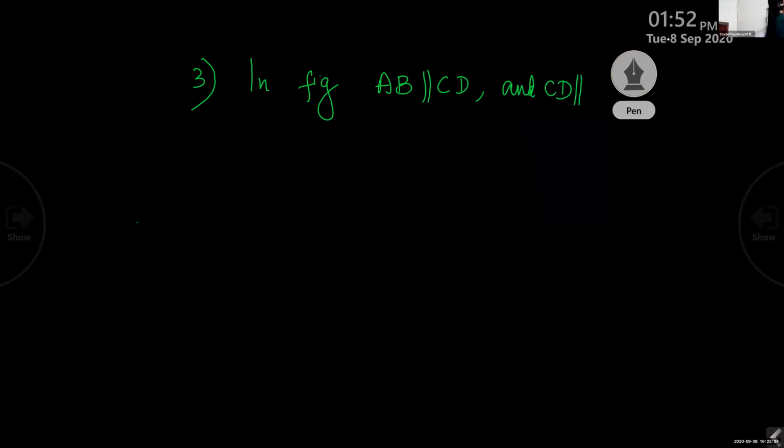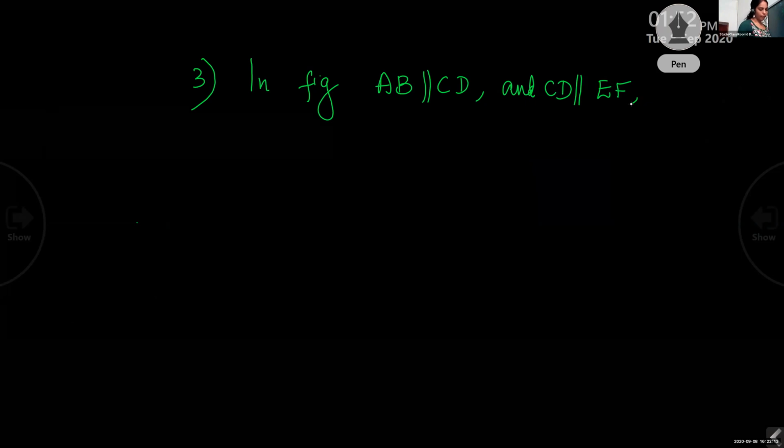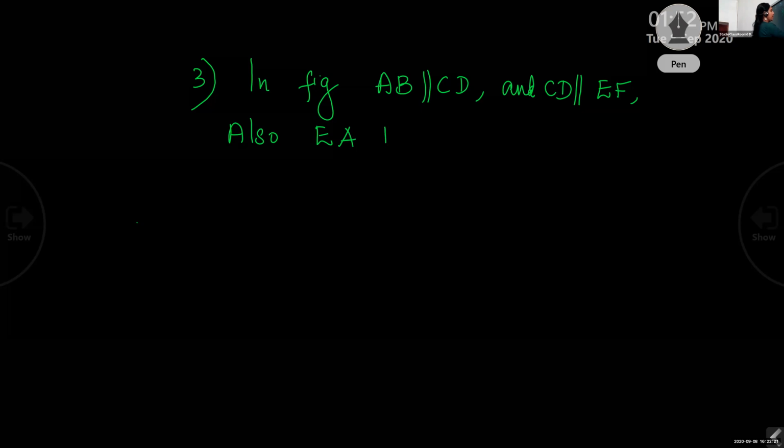Question number 3. In the figure, AB is parallel to CD. All these questions are very easy, just to find the angles. AB parallel to CD and CD parallel to EF. Also, EA is perpendicular to AB.